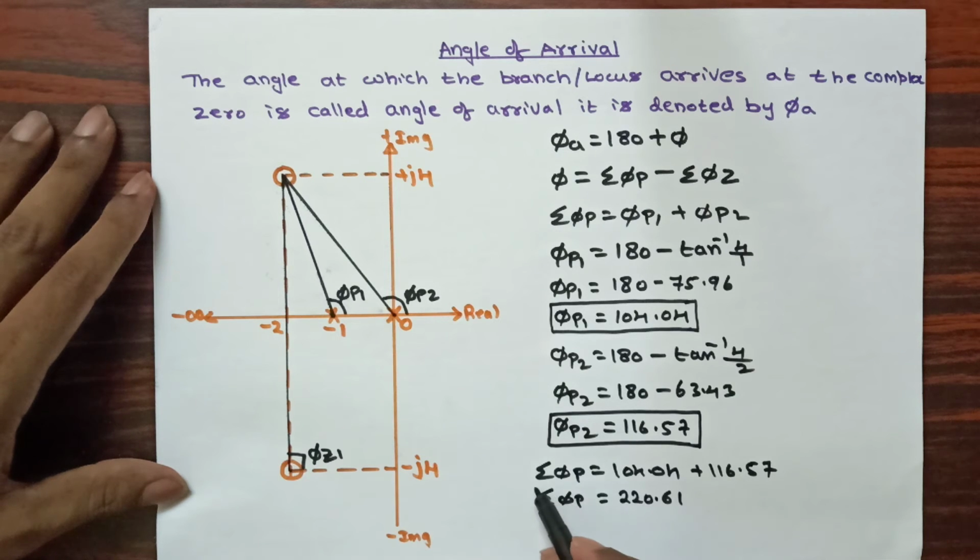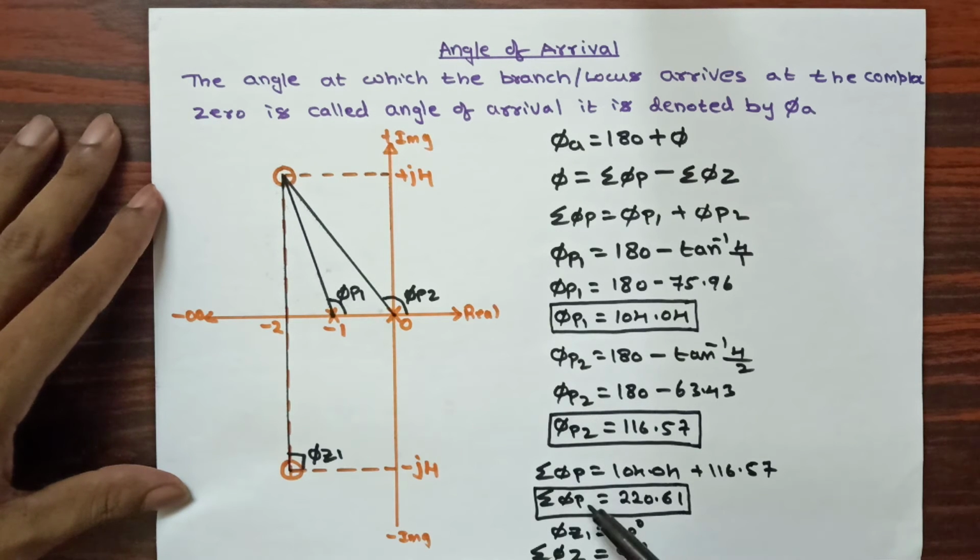Now this is the summation of phi p I got. Next I am going to calculate the summation of phi z. In this I am having only one zero angle, that is phi z1 is equivalent to, directly I can write 90 degree. Therefore summation of phi z is equivalent to 90 degree.